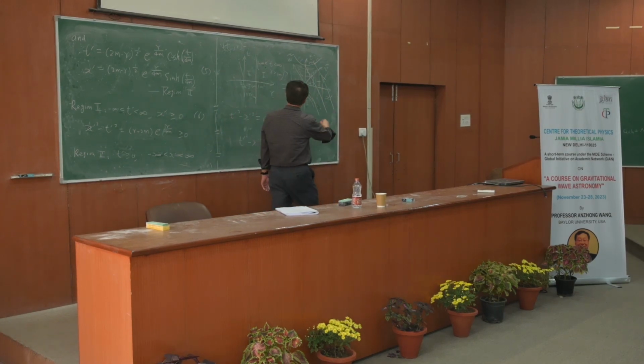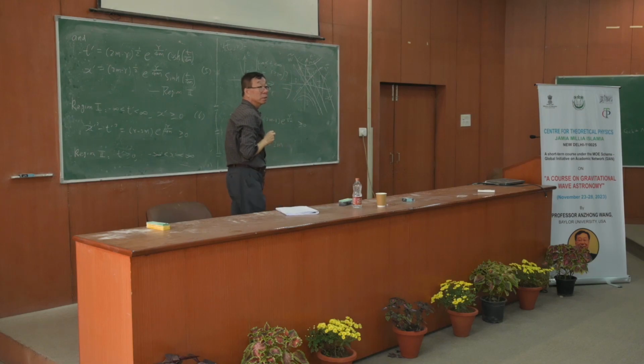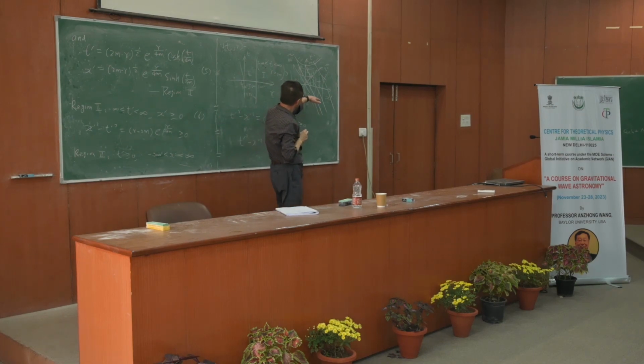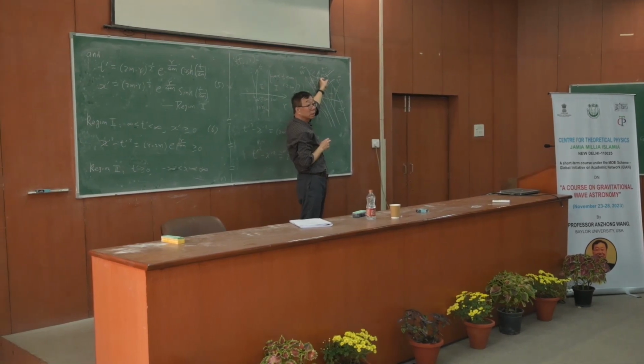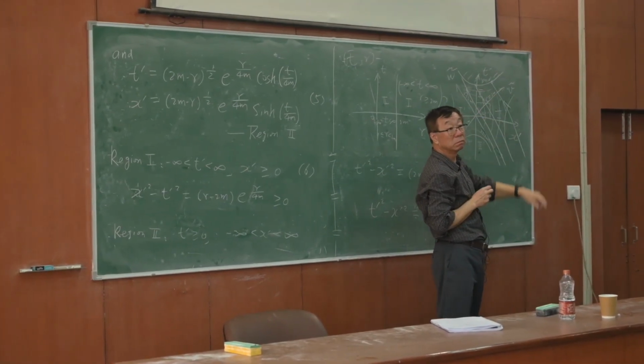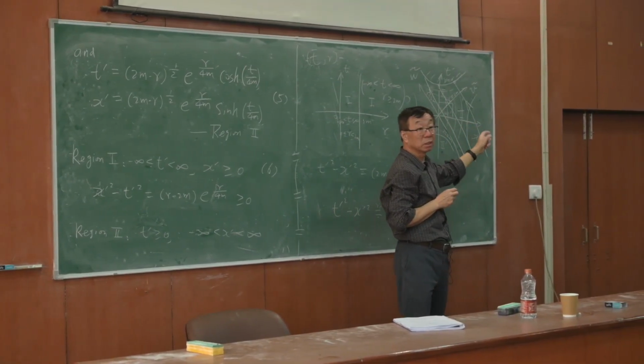So in the t prime, x prime plane, I have region 1 and region 2. Things only get in, cannot get out. This is my black hole. This is one asymptotic region.